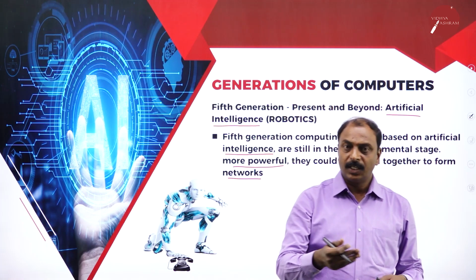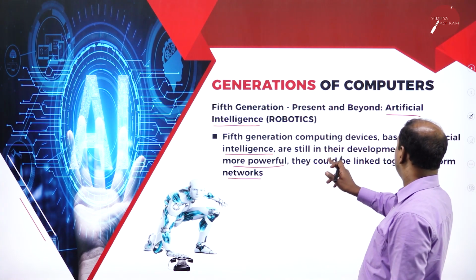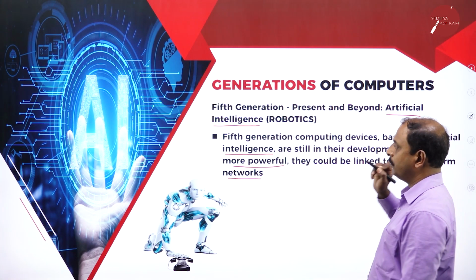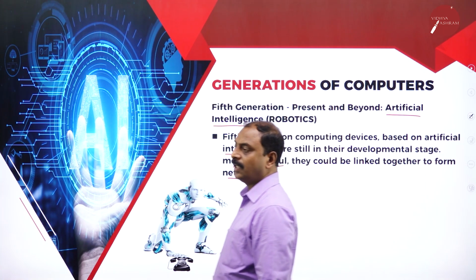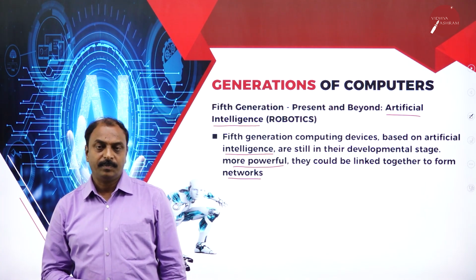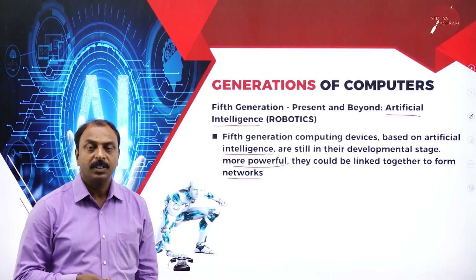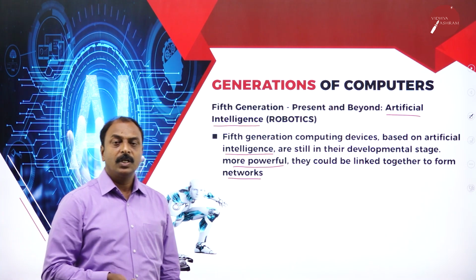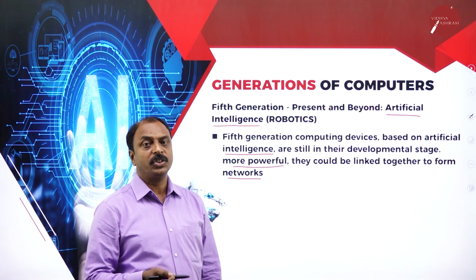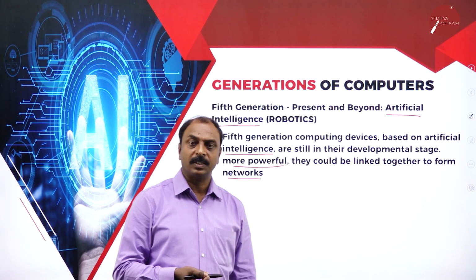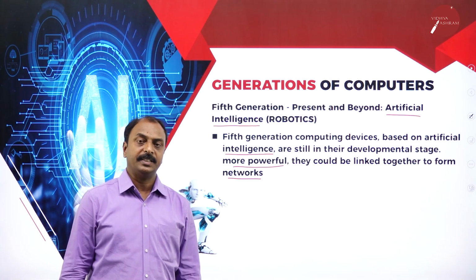Students, this development is under the developmental stage, means it is under processing. So AI is nothing but artificial intelligence. We are making a computer to think like a human being so that it can take decisions on its own. That is the concept of artificial intelligence.